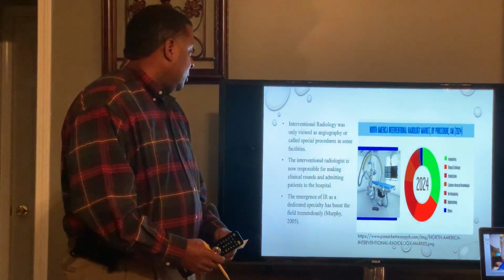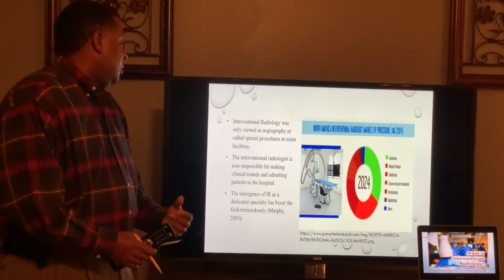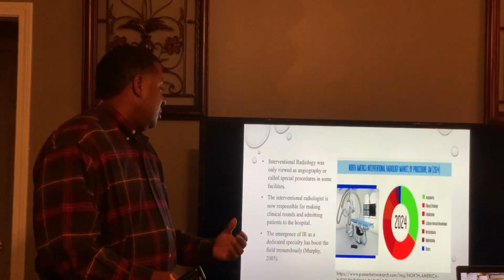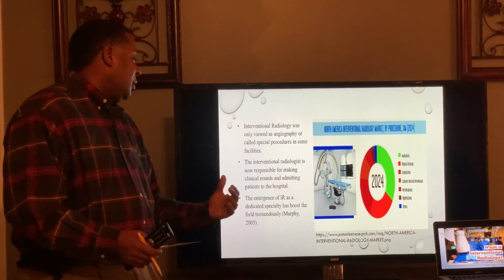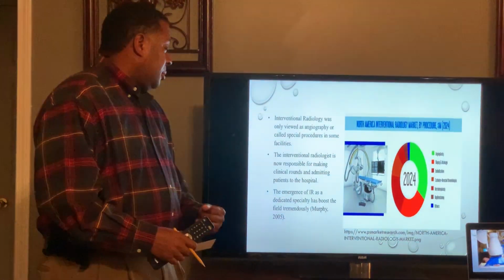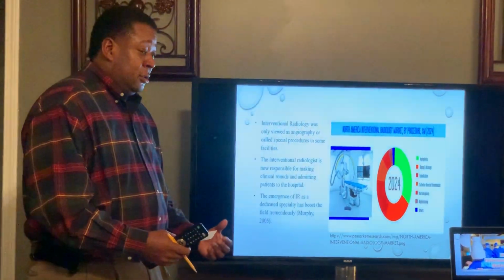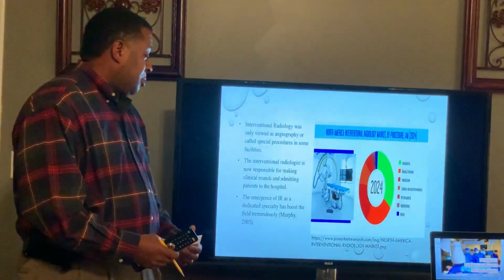And like I said before, intervention was once viewed as only angiography. Now it has all different kinds of special procedures. Now the interventional radiologist does everything. They're responsible for coming to see the patient, making rounds, admitting the patient to the hospital, doing the procedure and everything. They're like a regular doctor now. It's a much broader horizon.